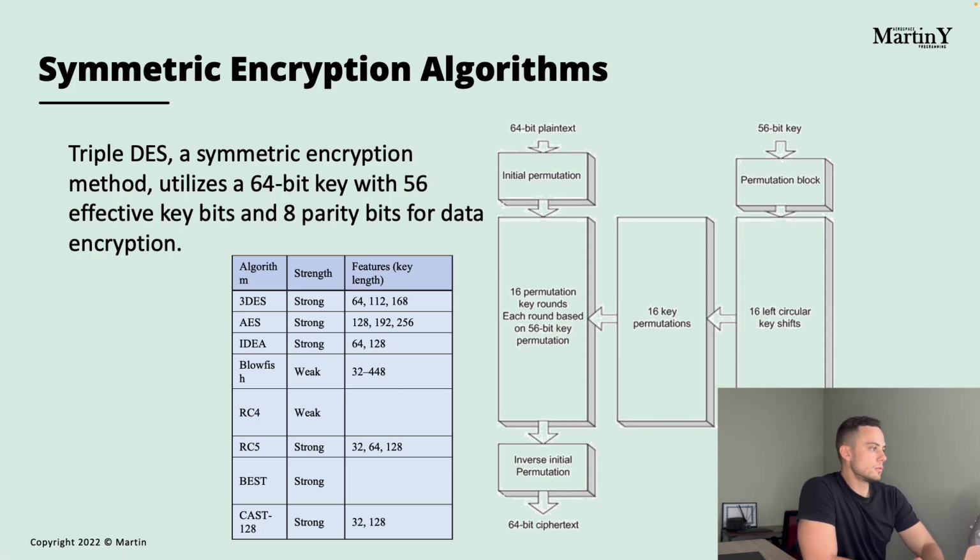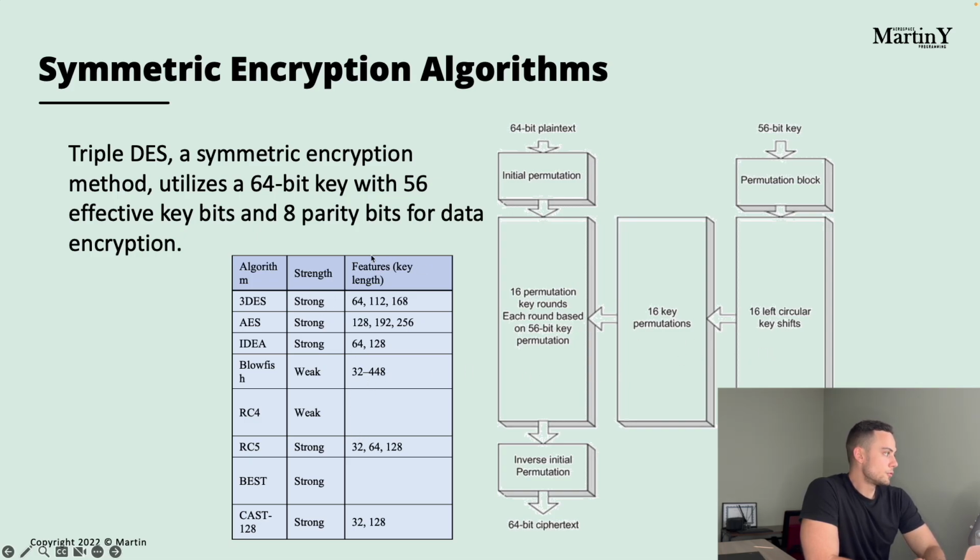Usually you would have 16 circular key shifts, so the digits of the key will change from time to time in order for this key to be more secure, and this will need to be constantly exchanged between the sender and the receiver with this algorithm.